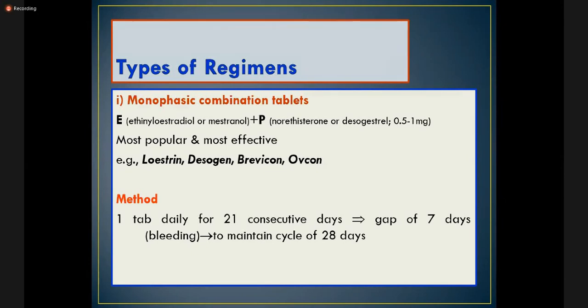To avoid this problem, to fill this gap of 7 days, there are placebo tablets in that strip that can be taken during the gap period. Why is it important? Because after taking the placebo, they can again start the next strip for the next cycle.